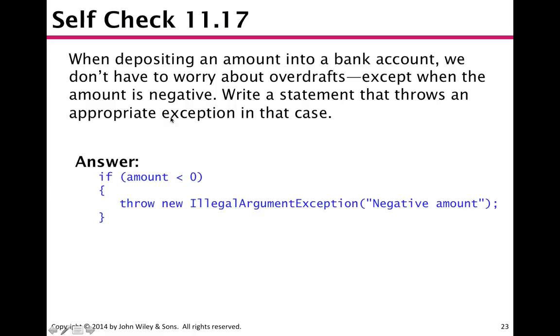Another example: when depositing an amount into a bank account, we don't have to worry about overdrafts except when the amount is negative. Write a statement that throws an appropriate exception in that case. So here is the answer code. When negative, throw an exception.